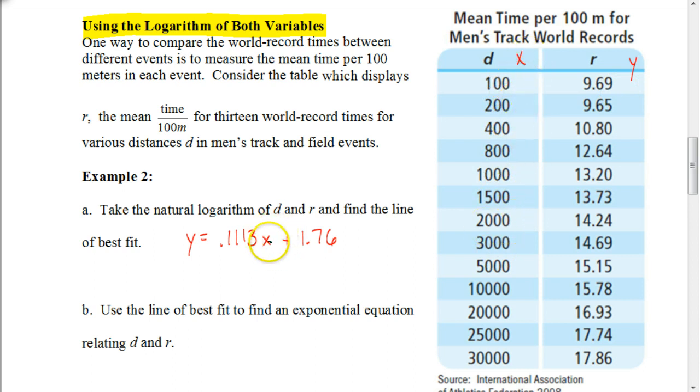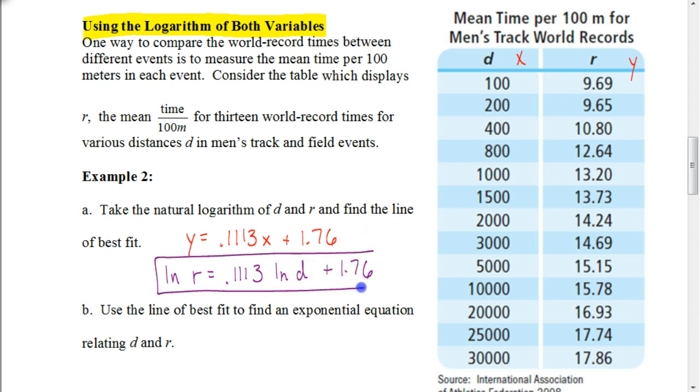So I'm going to replace x with the natural log of d. And remember, y wasn't just these numbers. Y was the natural log of those numbers. So our equation will be the natural log of r equals 0.1113 times the natural log of d plus 1.76. So that would be your equation.